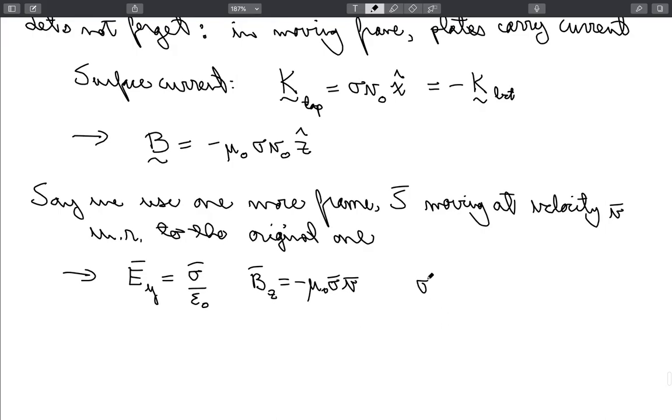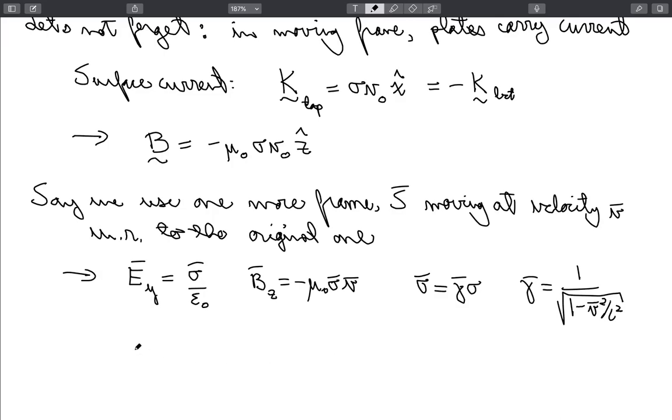So the sigma bar would be equal to gamma bar sigma, where this gamma bar is just the other contraction factor, the square root of 1 minus v bar squared over c squared. Okay.